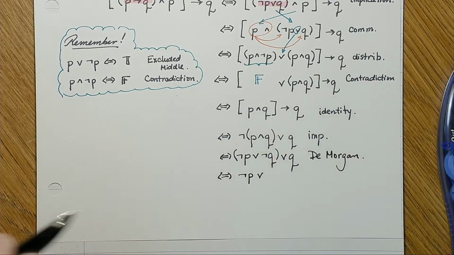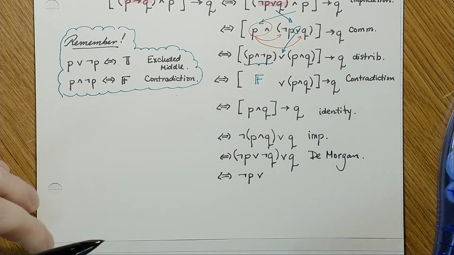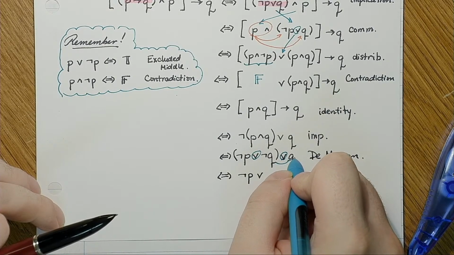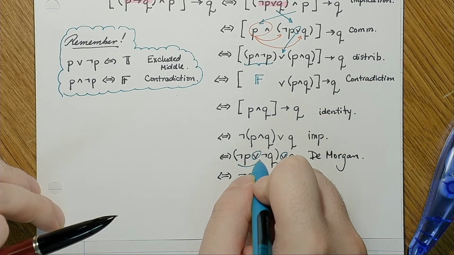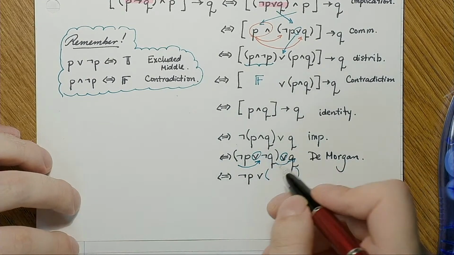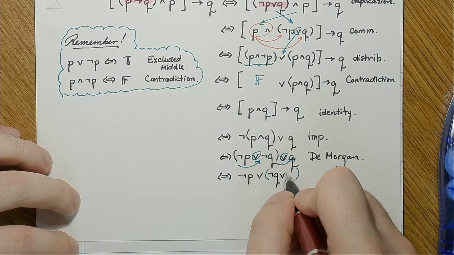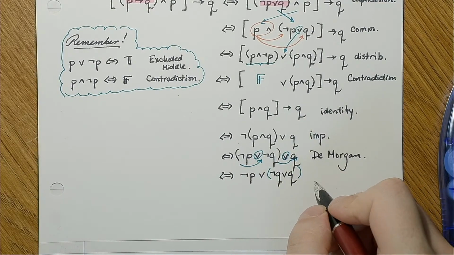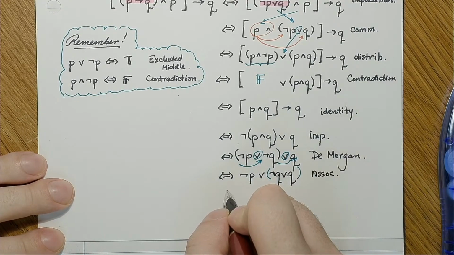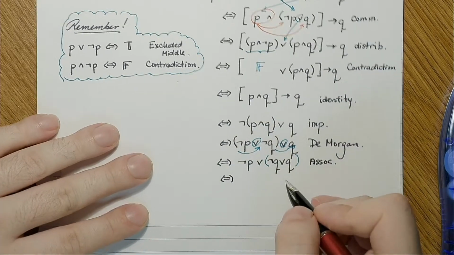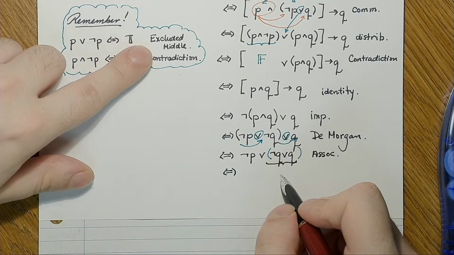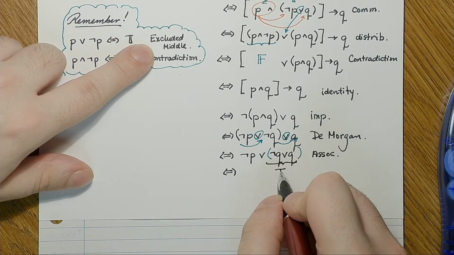I can move the brackets because I have the ors, so I can move the parentheses around here. Q or not Q. So this is the associativity. We're almost done. Right here, there is my excluded middle. So there is my tautology right there.